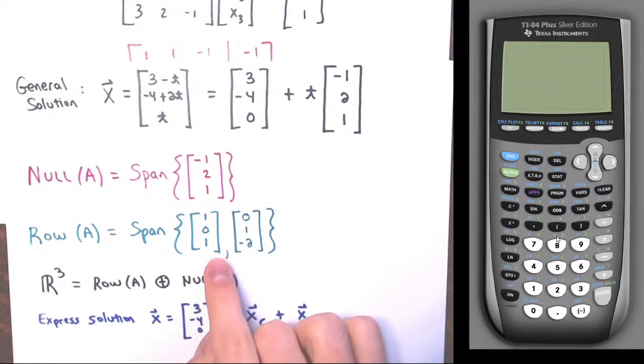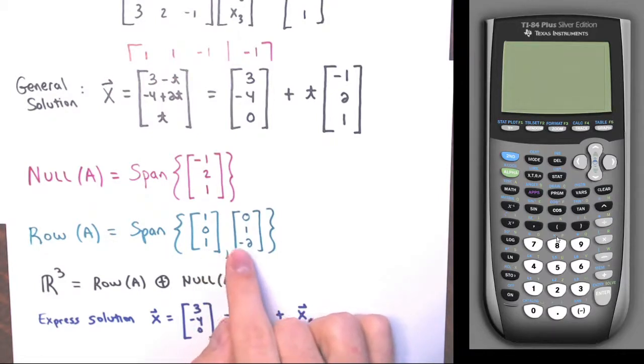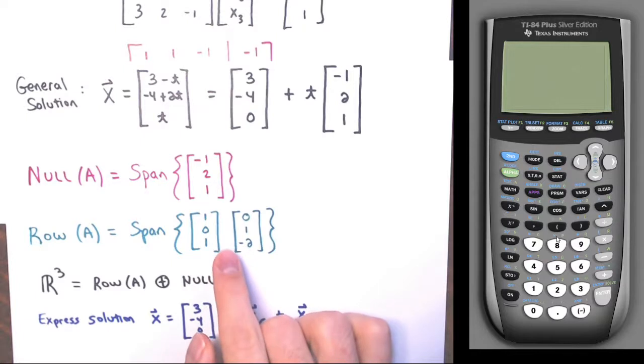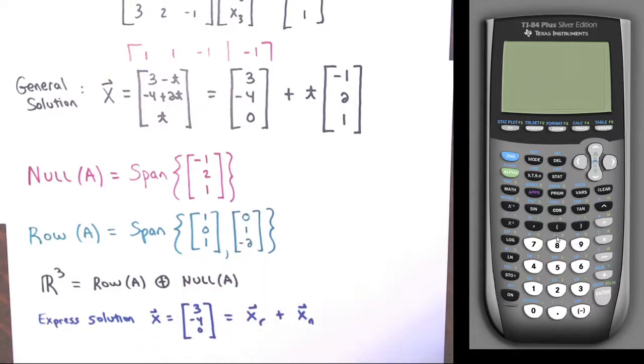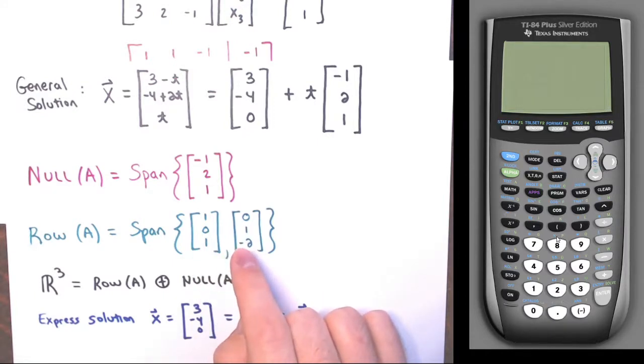Now, I'm not going to do the row space because it has a higher dimension. You can. It's just, remember, you have to project onto a subspace. You need to find an orthogonal basis. And these two vectors here do not make an orthogonal basis. Their dot product is not 0. It's -2.